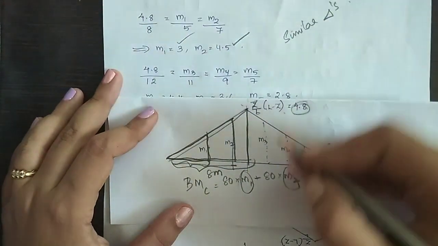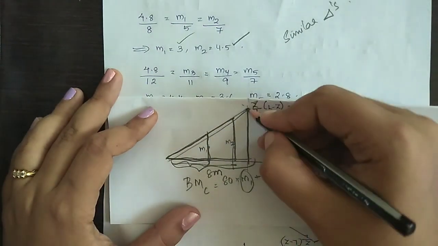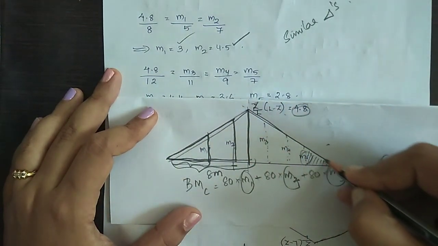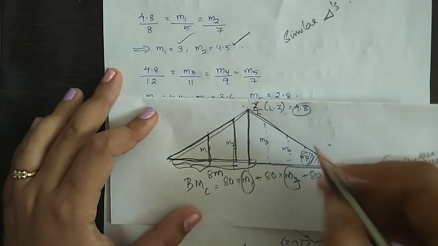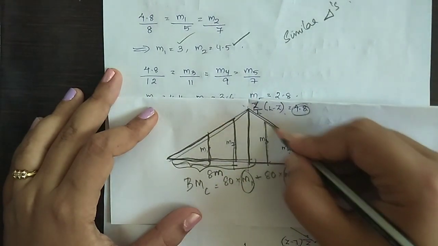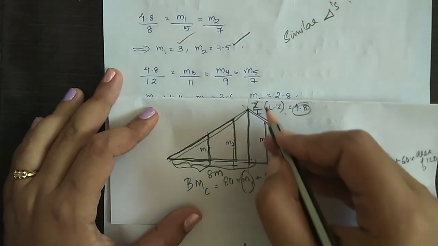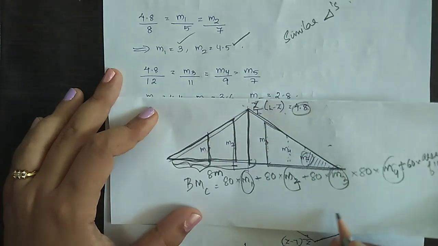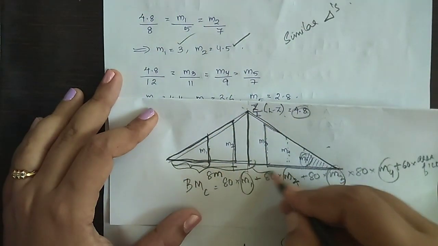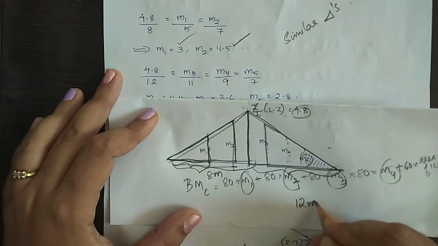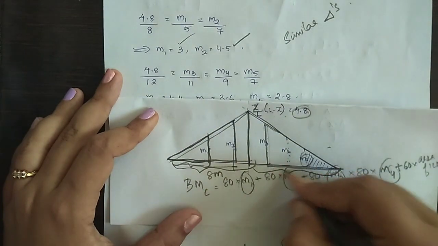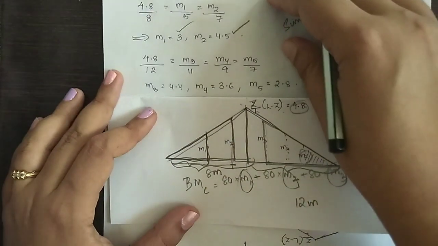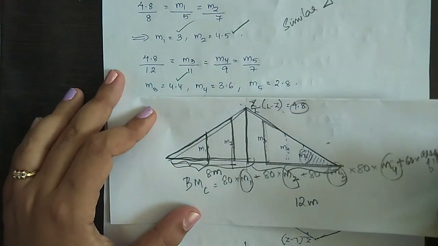To find out M3, M4 and M5, choose this big triangle. To find out M3, choose this small triangle. 4.8 upon 12 meter distance is equal to M3 upon 11, and M3 comes out to be 4.4.